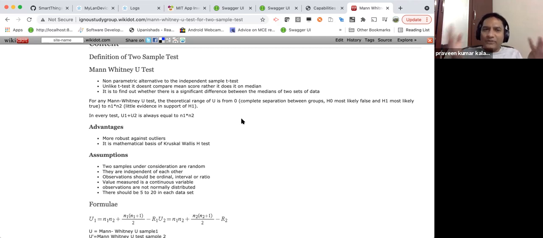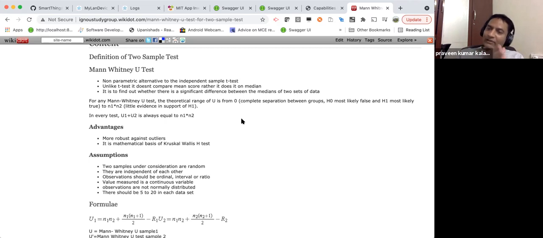So the Mann-Whitney test stands on the basis of comparing the median as the central tendency, not the mean. This is true for most non-parametric tests. The base of non-parametric tests is different from the base of parametric tests. Parametric tests mostly compare the mean, variance and those things. Here, it stands on comparing the median.